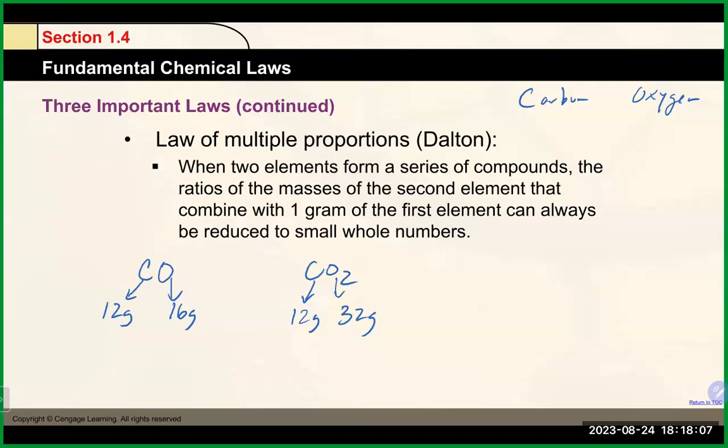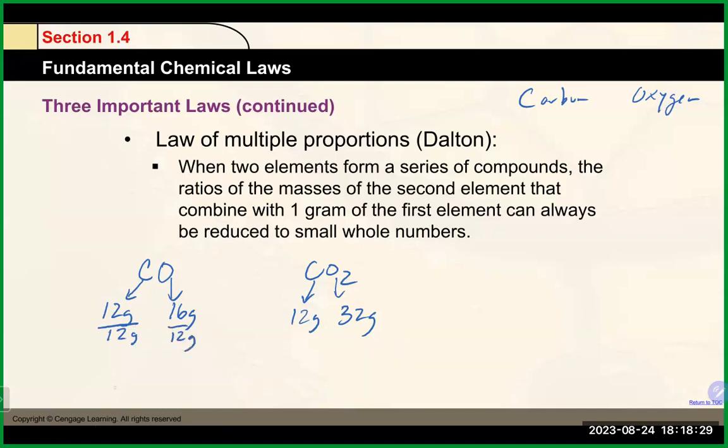So what it's talking about here is we want to know the ratio of how much of one element we have to 1 gram of the other element. So in that particular case, I'm going to divide by the smallest number of grams in each of these.